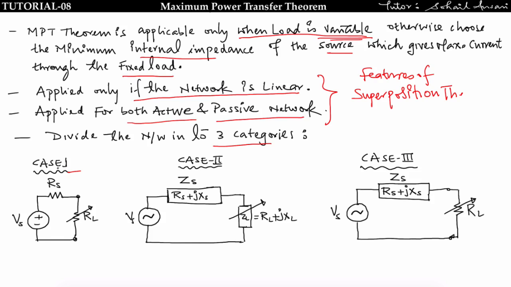So I take the Thevenin equivalent circuit and connect one load. In this case 1, the load and the series resistance RTH are both resistive in nature, and this type of circuit can be applicable for both AC and DC sources.